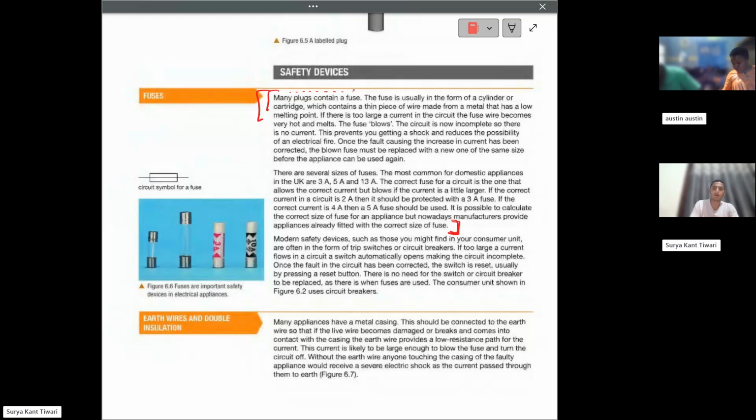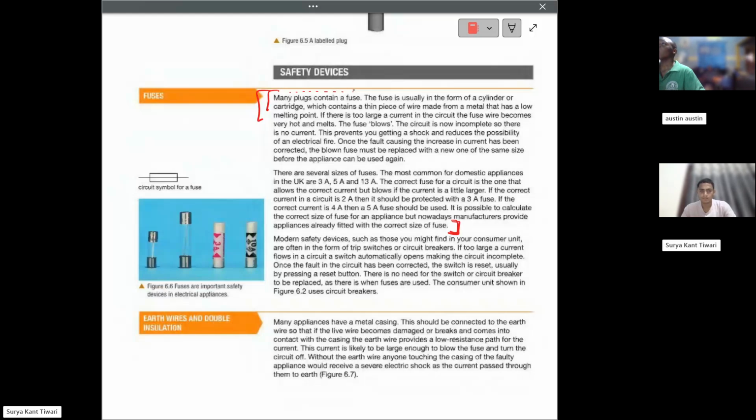Adalberto, can you read this marked paragraph once? Then I will explain. Many plugs contain a fuse. The fuse is usually in the form of a cylinder or a cartridge, which contains a thin piece of wire made from a metal that has a low melting point.